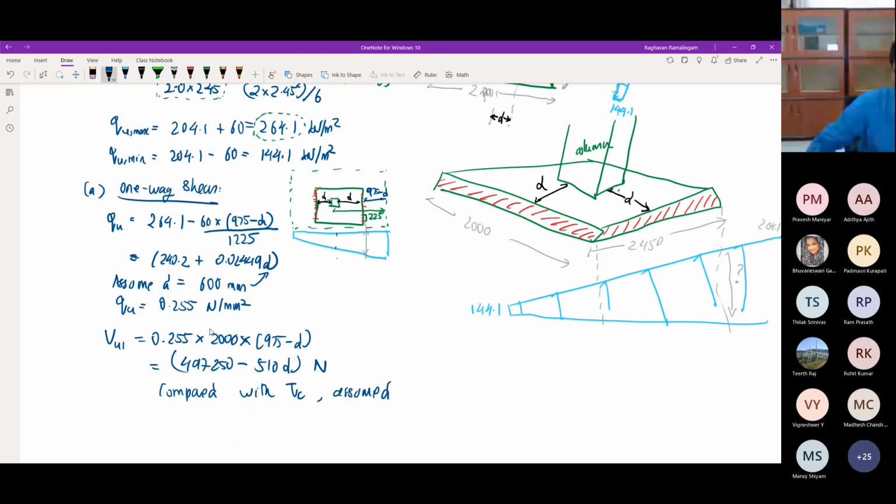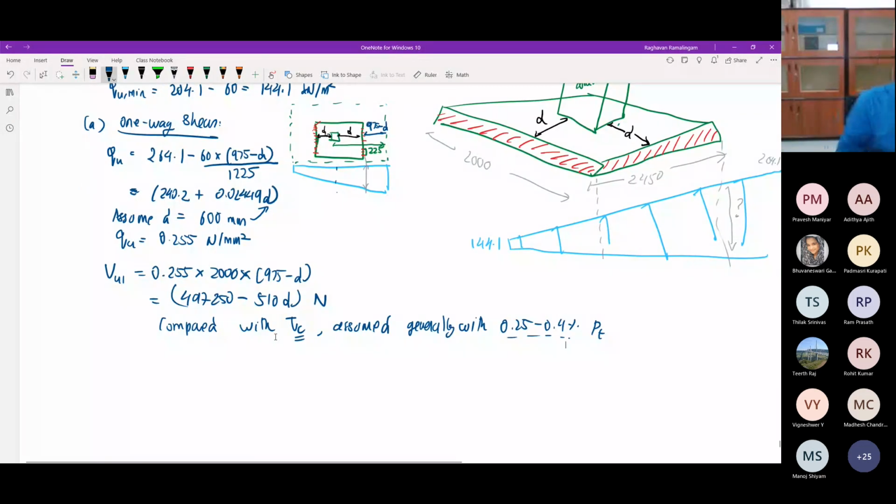You can generally take about 0.25 to 0.4 percentage PT in order to get tau c for a footing. It's not yet calculated, but this is just another thumb rule or guideline for you to assume the percentage of steel.